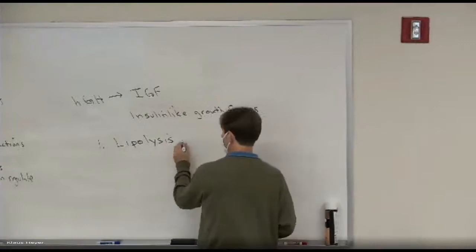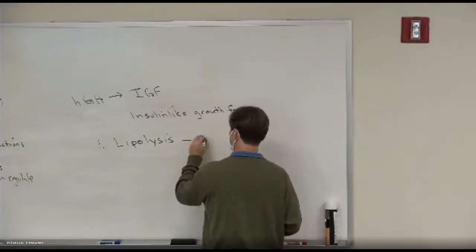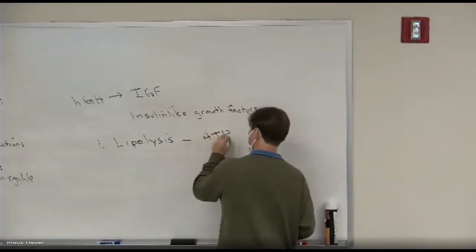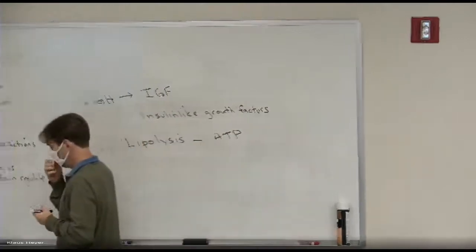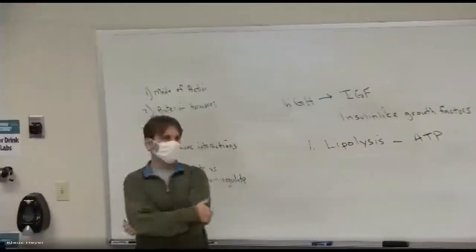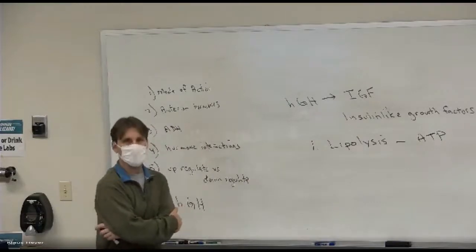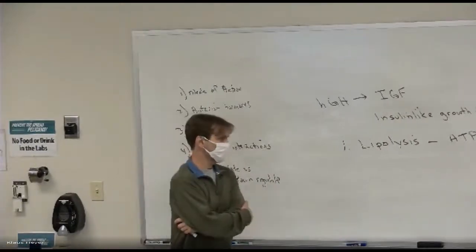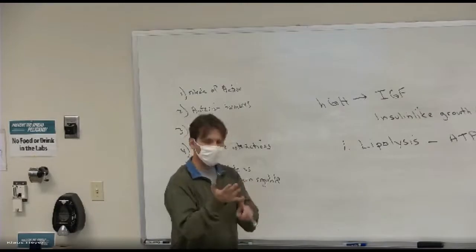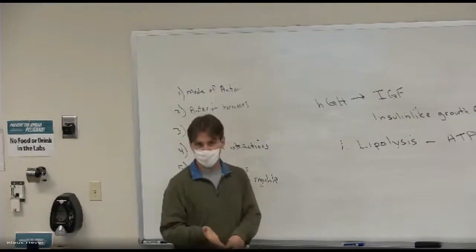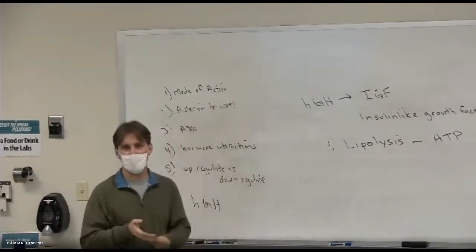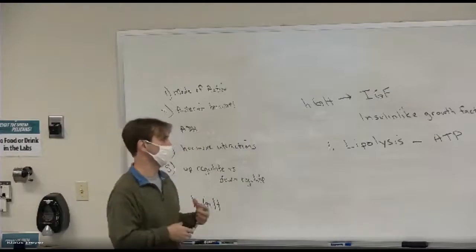because we're breaking up fat because we want to make ATP. If you remember, ATP is our energy currency. Fat is energy, sugar is energy, but we have to convert that into a usable form of energy.